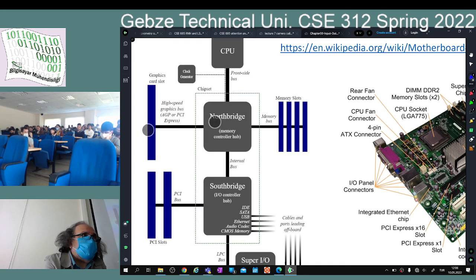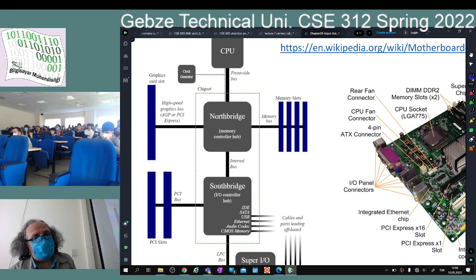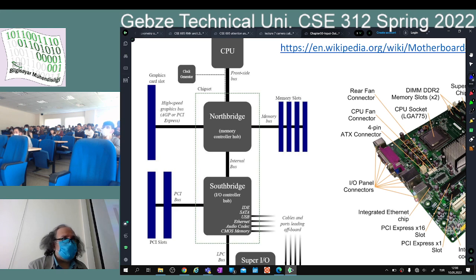Also, nowadays, we need to communicate with the graphics card in a very fast way. Why? Because we need to produce maybe 200 frames per second of video data, and that data is produced by the CPU sometimes, or, as I said before, by GPUs, graphical processing units, which are as powerful as our CPUs.